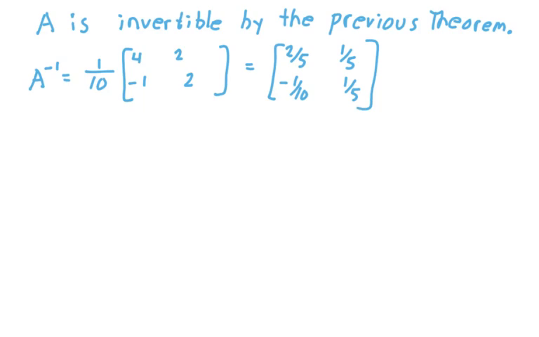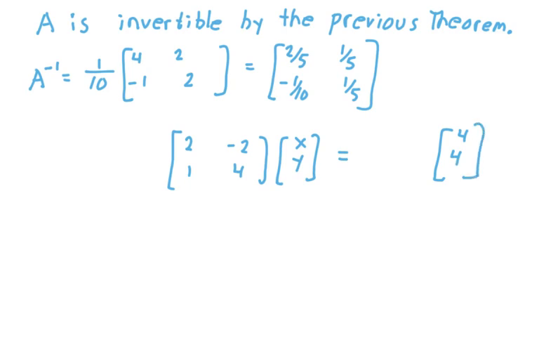Now, we're almost there. So I'm going to take [2 -2; 1 4], and I'm going to multiply by the column vector [x; y]. And I'm going to leave a little space, and I'm going to set it equal to [4; 4]. So this is what I do. I'm going to multiply both sides on the left by A inverse. When I do that, I'm going to isolate the column vector [x; y].